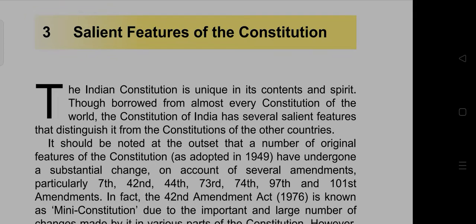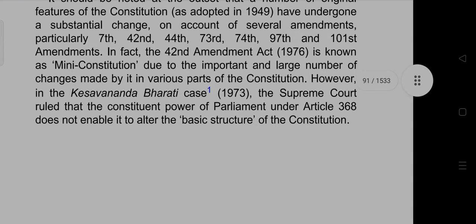In fact, the 42nd Amendment Act of 1976 is known as the Mini Constitution due to the important and large number of changes made to various parts of the Constitution. However, in the Kesavananda Bharati case in 1973, the Supreme Court ruled that the constituent power of Parliament under Article 368 does not enable it to alter the basic structure of the Constitution.